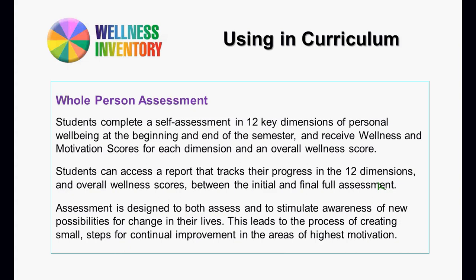The assessment, as I mentioned, is designed both to assess and to stimulate awareness of new possibilities for change in their lives. So it leads to a process of raising awareness for creating small steps for continual improvement in the areas of their highest motivation.